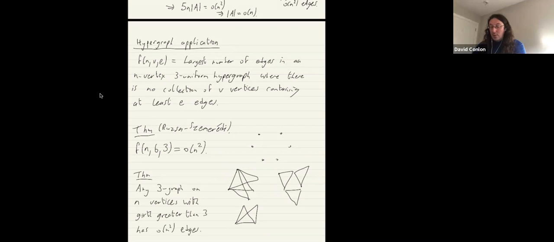Girth usually just refers to cycle length. So what you're actually saying is if you have a 3-graph which doesn't contain a 2-cycle or a 3-cycle, then it has to have little o of n squared edges.